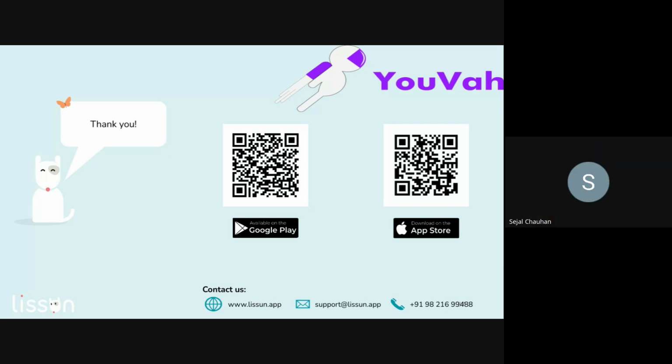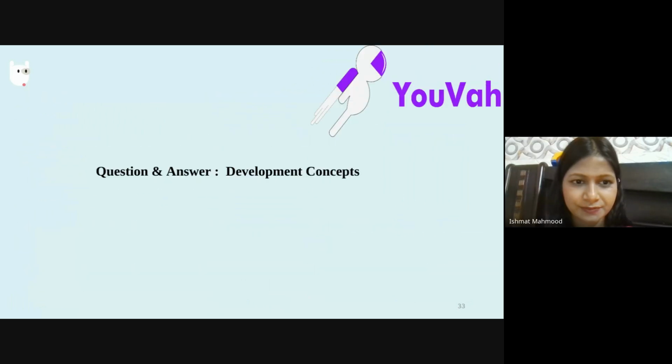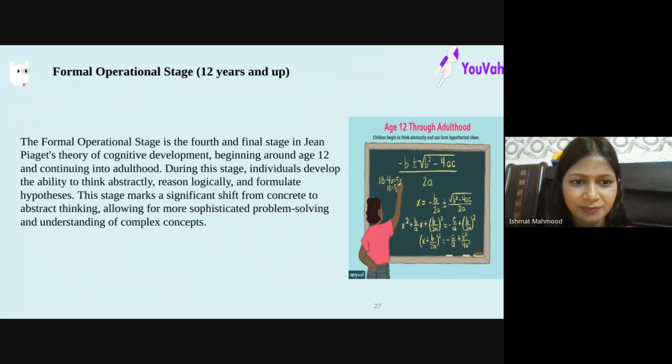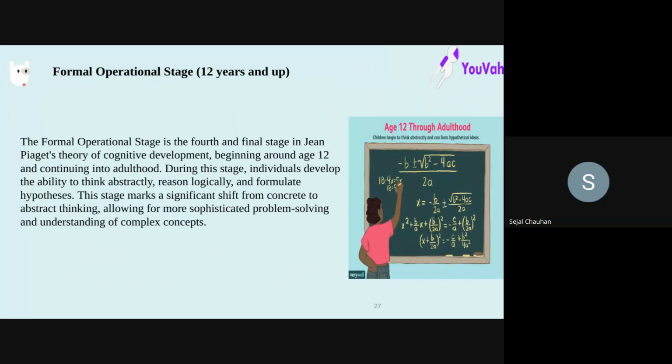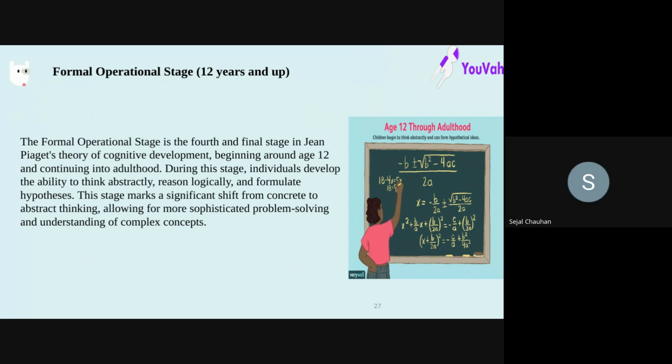Ma'am, could you please repeat the formal operational stage? Okay, then I'll just open that slide once. Yeah, sure. This one? Yeah. Thank you. So what do you want to ask, the stage or the entire slide? I want to read it once. Okay.